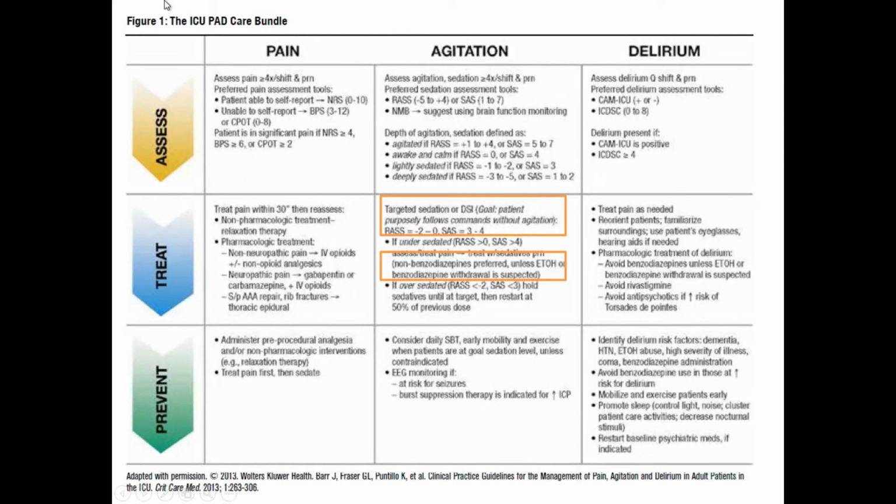So the Pain, Agitation, and Delirium Guideline Care Bundle is just what the Society for Critical Care Medicine puts out. The most recent iteration of it was published in 2013, and they're working on another one, which hopefully will come out in the coming year or so. This is just to point out that, again, non-benzodiazepines are preferred unless patients have alcohol withdrawal, in which case it remains the standard of care.